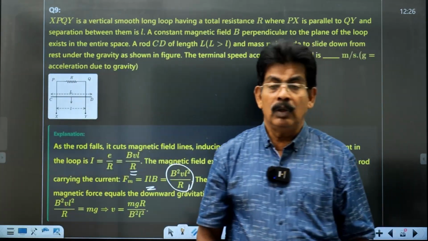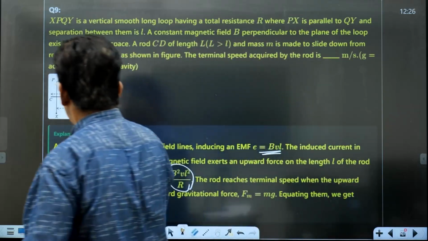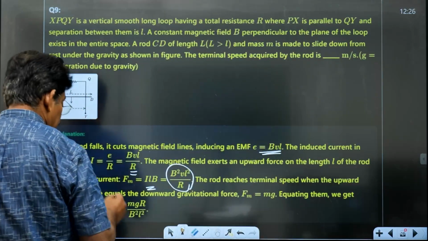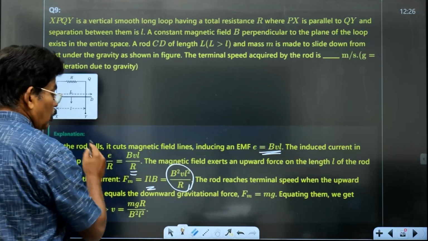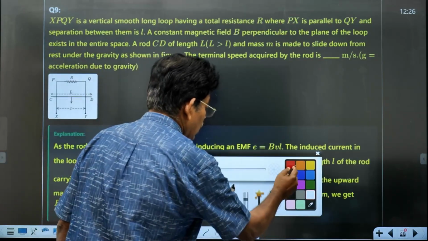This much force will be acting on the rod. And you know, as it is coming down, who pulls it down? Mg is pulling it down.